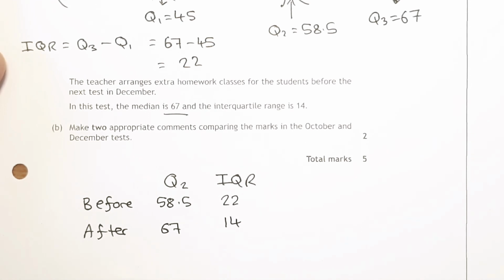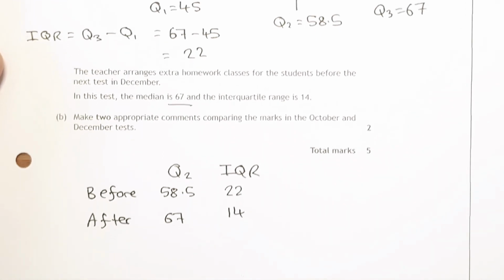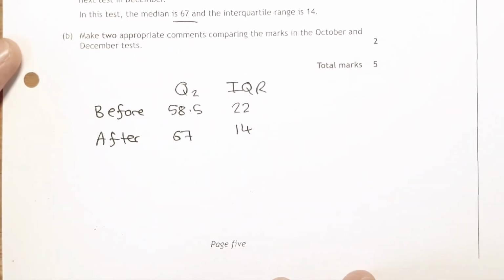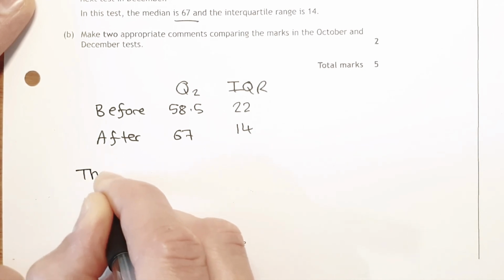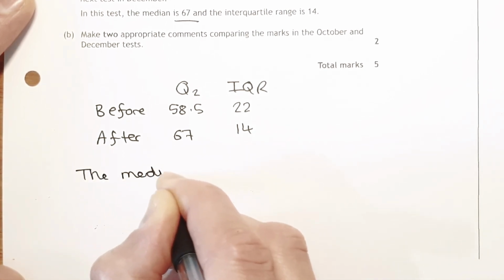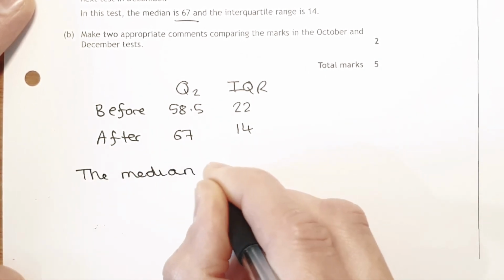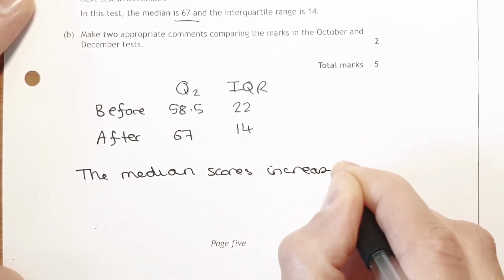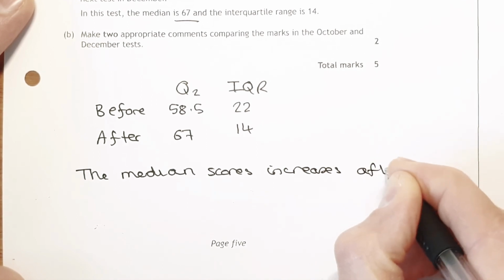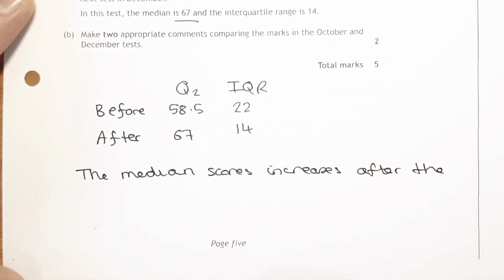We have to make two appropriate comments comparing the marks in the October and December tests. Now, if you're going to compare the medians, the median is a type of average, so we can say the median score increases after the extra homework is given. You could also say by how much if you wanted to.